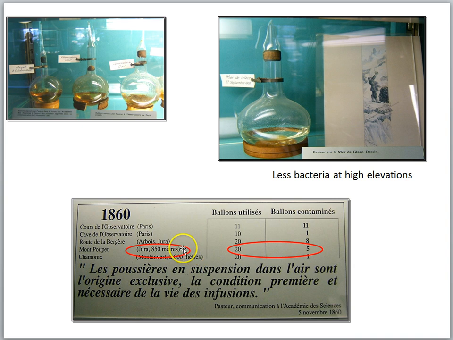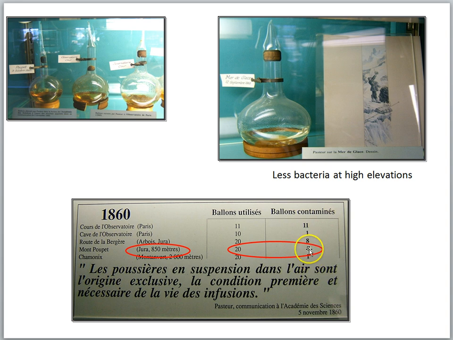Pasteur took his flasks to several other places. Out of 20 flasks at this location, he found that 5 of them became contaminated. Now, for Pasteur, how would he explain why 5 became contaminated and 15 didn't? Well, it had to do with the overall level of bacteria in the air that was floating around up there. But another part of the answer is just sort of chance.